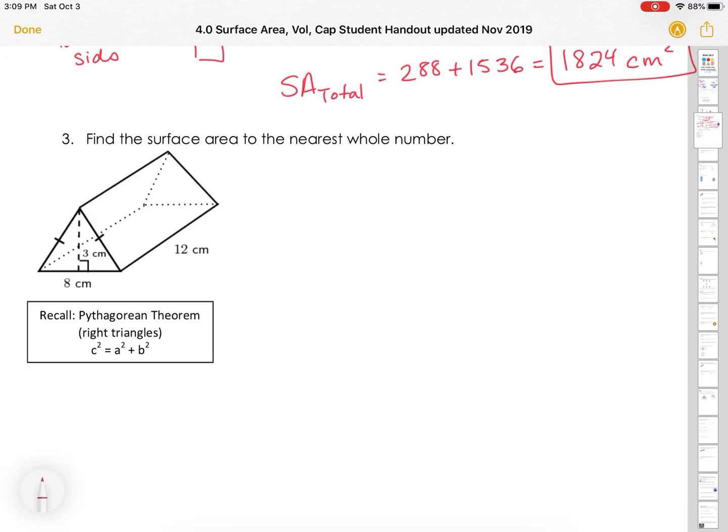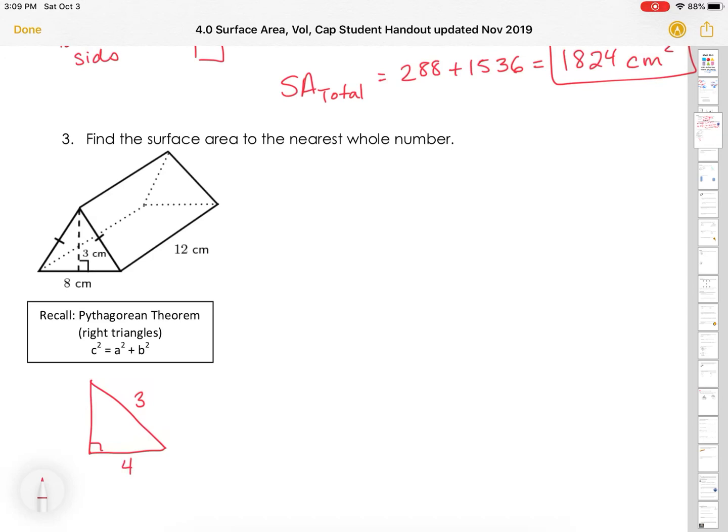So I need to use my Pythagorean theorem to find the other sides. You're saying, why do we care about the height? Oh, because we need it for the triangle's area.